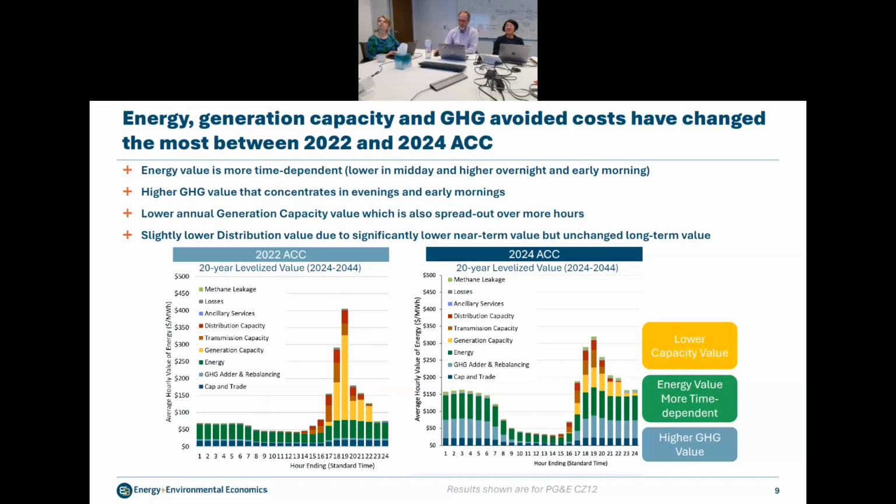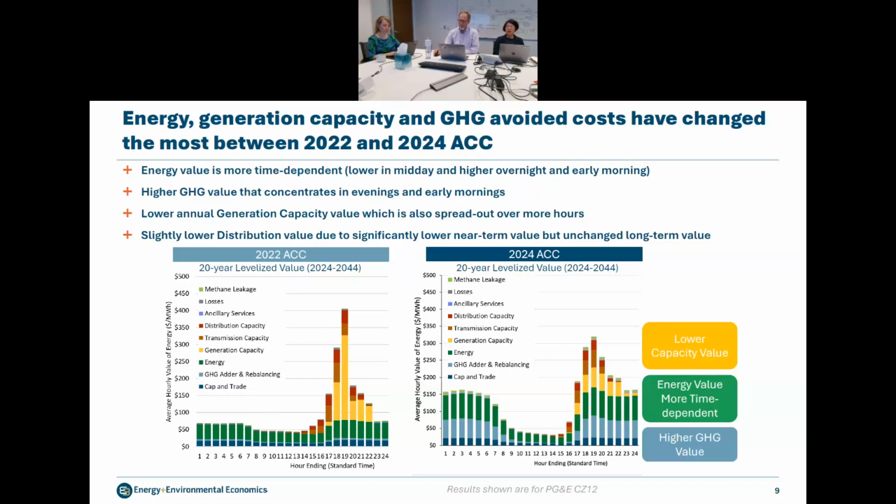Okay, so this slide summarizes the result difference between the 2022 and 2024 ACC. What I'm showing at the bottom are the 20-year levelized values for all of the components for a resource that's installed in 2024. There are a few differences between the 2022 and 2024 ACC.